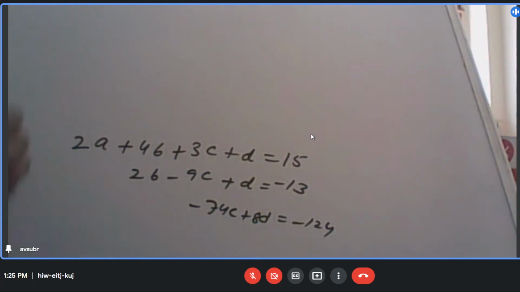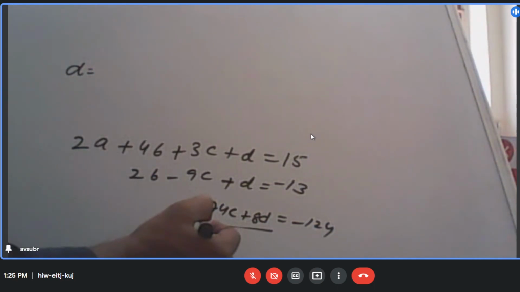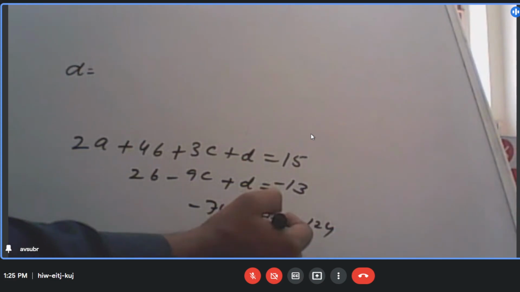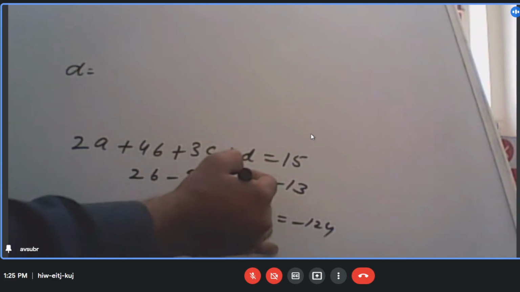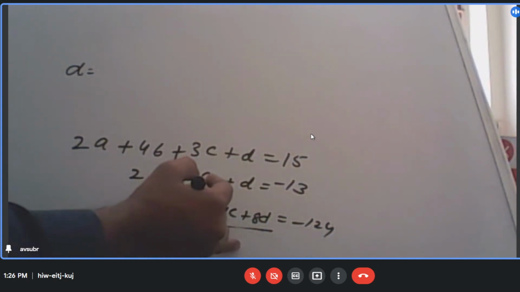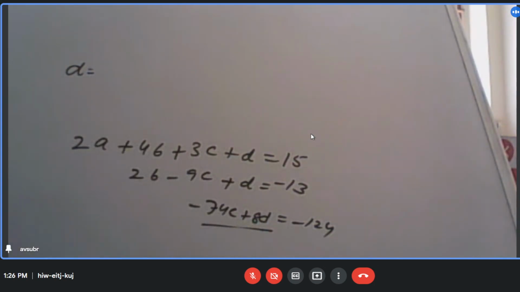तो now D will be equal to what? अब हम Gauss elimination method लगाते हैं. In the Gauss elimination method, what we are doing is, whatever value we get of D, we will put back in this. From that we will get the value of C, and then from that we will get the value of B and A. Like that we continue.